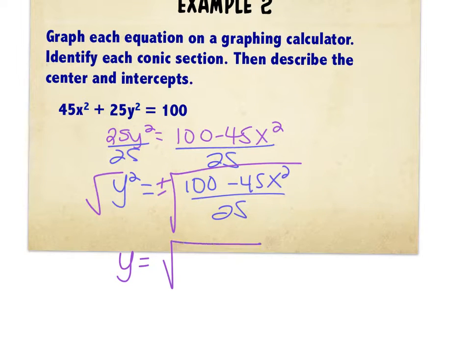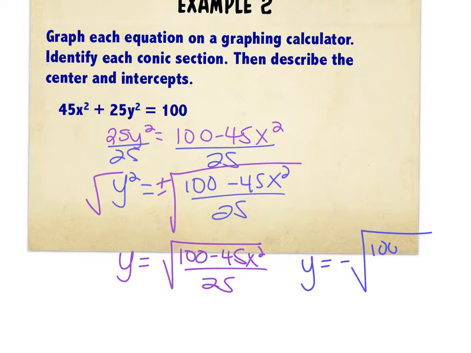The square root of (100 minus 45x squared) over 25, and y equals the negative square root of (100 minus 45x squared) over 25. Again, you could simplify that. I could make the bottom 5 and get it out of the denominator, okay? But you can also type the whole thing in the way that it is because your calculator can handle it.